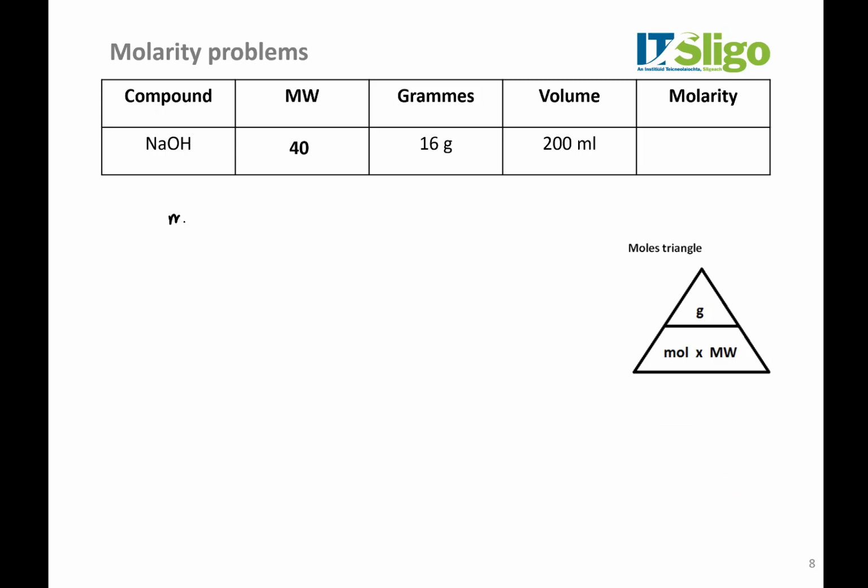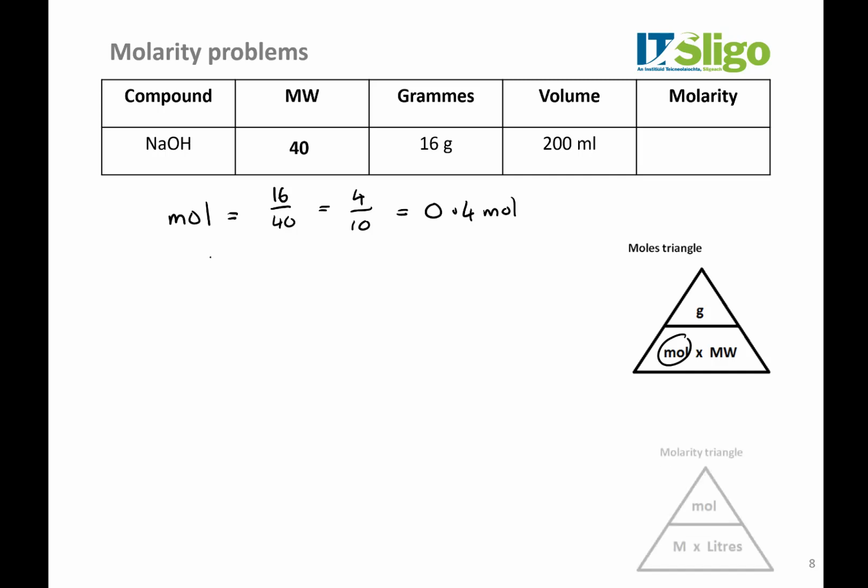Moles is grams over molecular weight, 16 over 40, divide top and bottom by 4, 4 over 10, which is 0.4. So that's our moles. And even though it's not asked for in the question, half the marks would go for finding that value, because you must find it. It's one of the stepping stones to the solution.